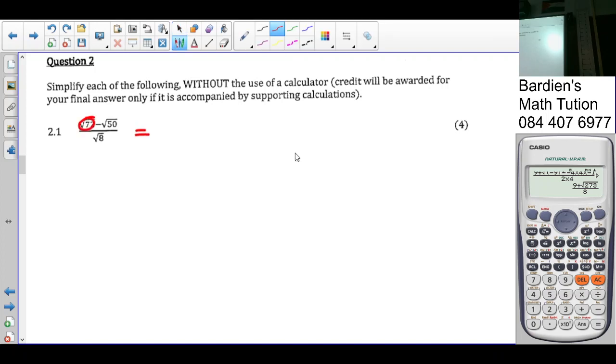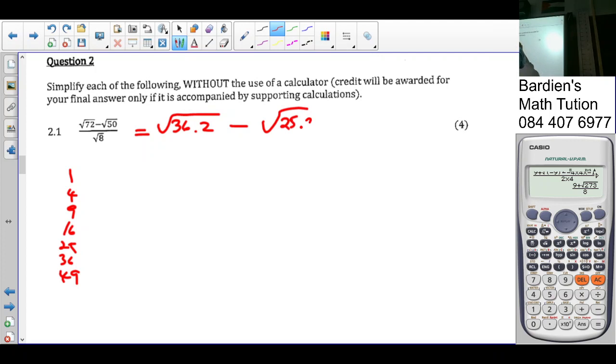Right, so 72. The largest perfect square. What are perfect squares? 1 squared, 2 squared, 3 squared, 4 squared, 5 squared, 6 squared, 7 squared, 8 squared, and so on and so on. The largest perfect square that goes into 72 is what? Should be 36, not so? 36 times what is 72? The largest perfect square that goes into 50: 25 times 2.